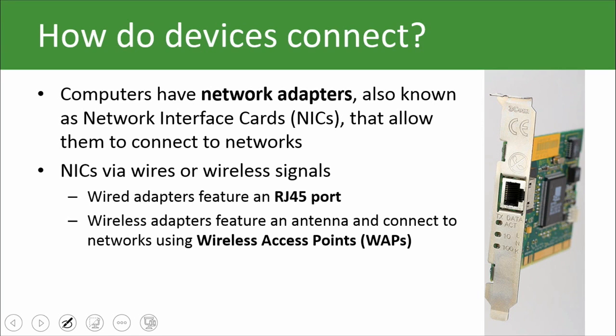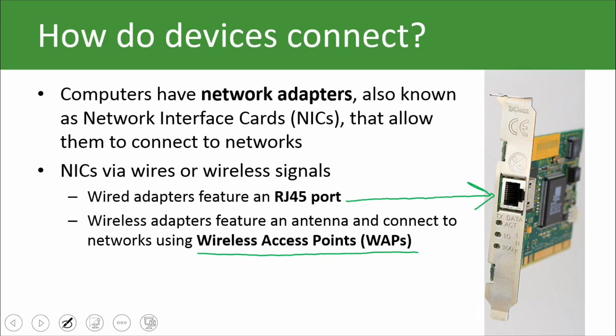This wired adapter features something called an RJ45 port. Wireless adapters feature an antenna in contrast, and they connect to networks using wireless access points, which are also an essential connecting device, and we'll detail them a little bit later in a different module.